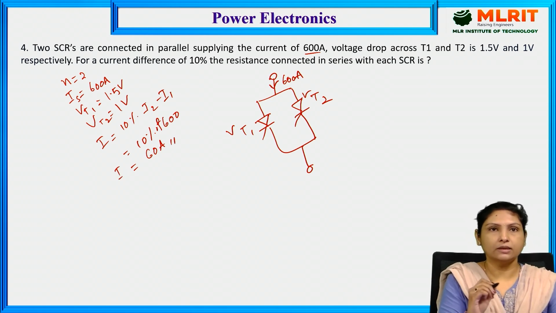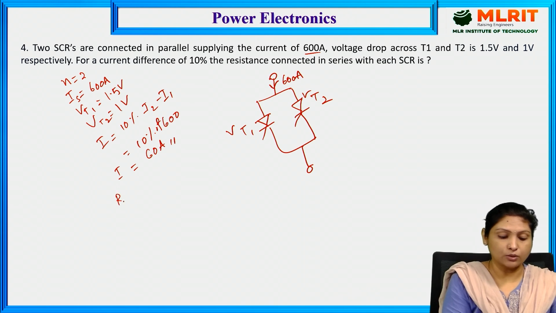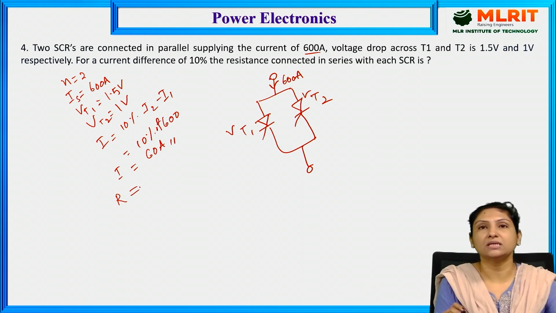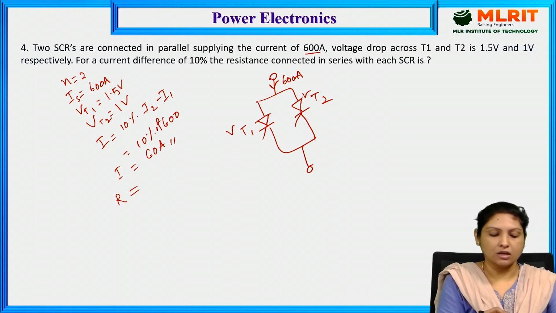So for a current difference of 10%, we need to find out the value of the resistance connected in series with each SCR. We have already seen in the derivation the value of the resistance.